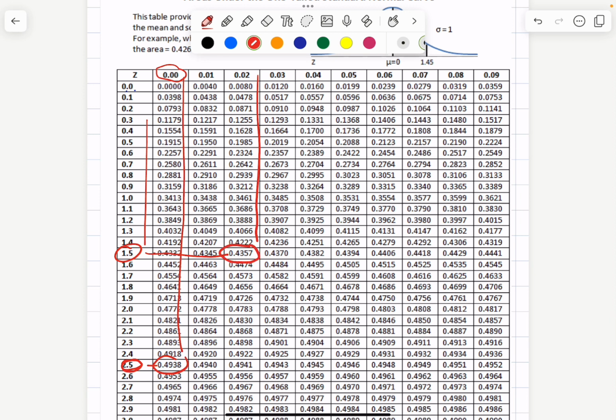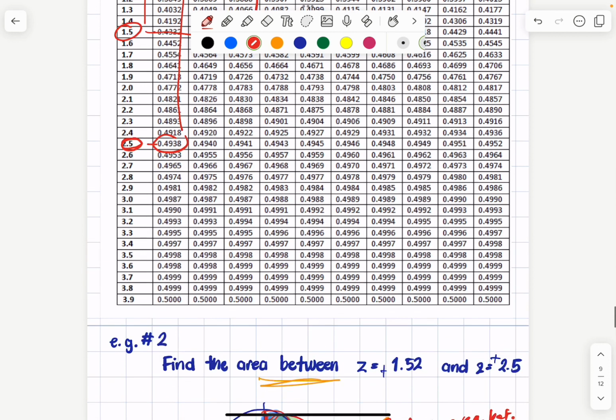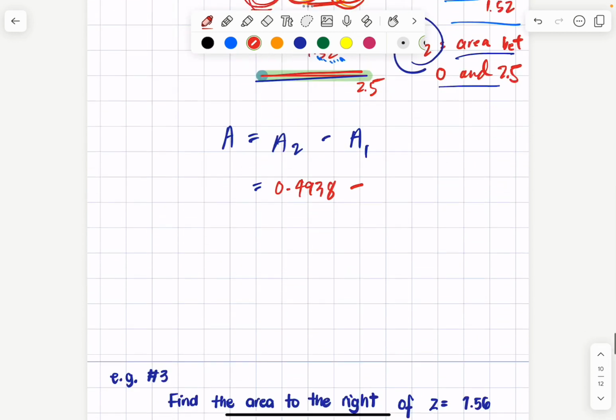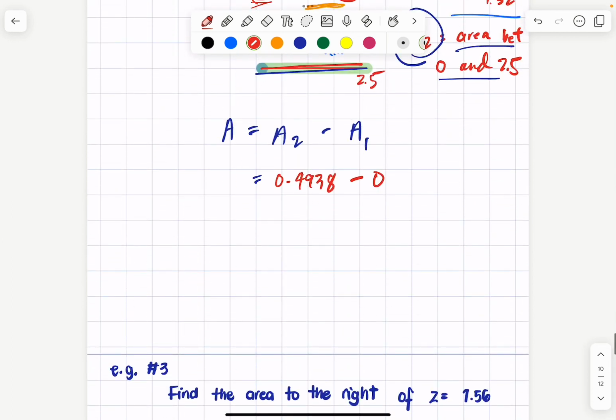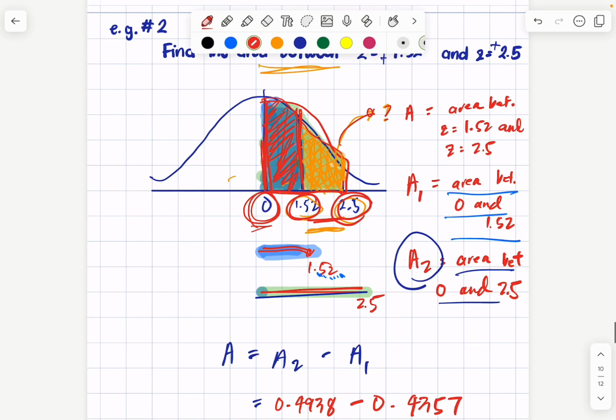So ang nigawas kaniniya 0.4357, minus 0.4357. So your A will be this one, A sub 2, kani minus your A sub 1.